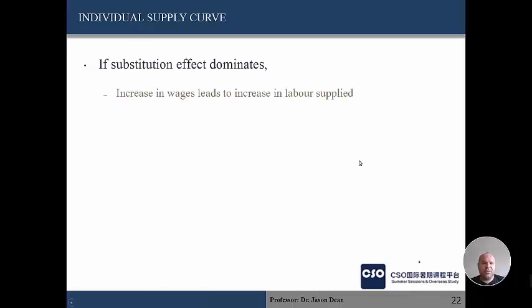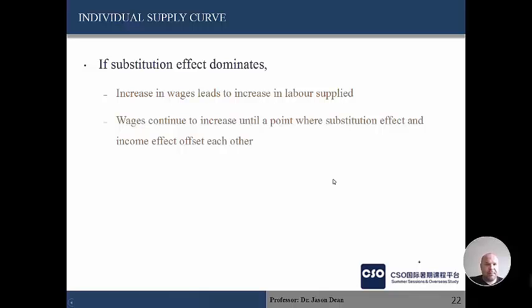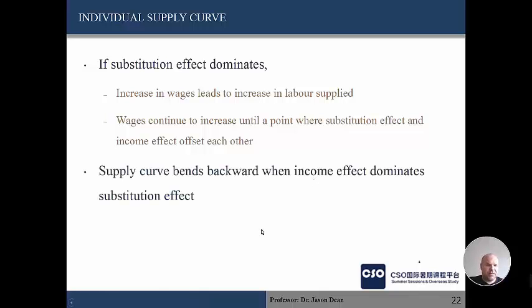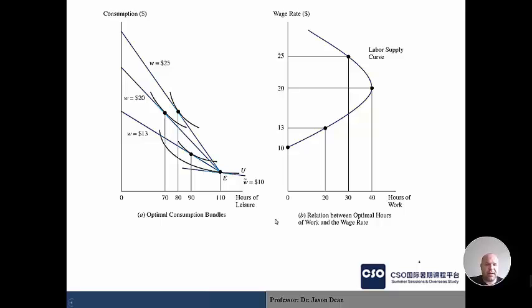If the substitution effect dominates, an increase in wage would lead to an increase in labor supply. Wages continue to increase until a point where the substitution effect and income effect offset each other, and then the supply curve bends backwards when the income effect dominates the substitution effect. Let's look at an illustration of that.